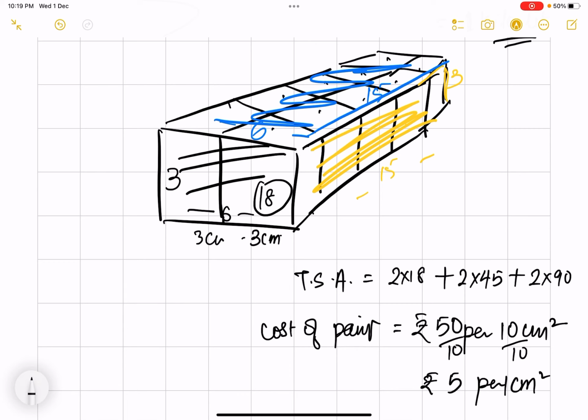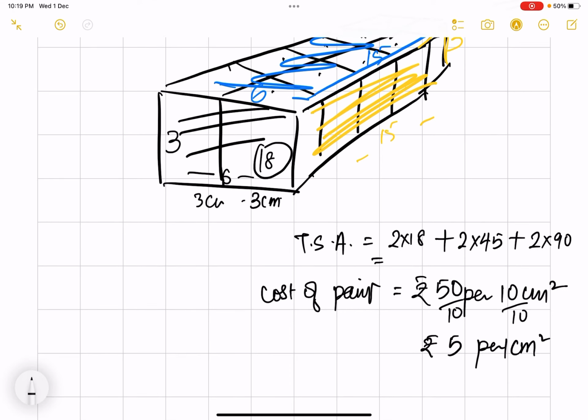This is the total surface area of this structure, which is how much? Twice of, if you take twice common, you will have 18 plus 45 plus 90. Okay? Which comes out to be 45 plus 18, 63, plus 90, 153.